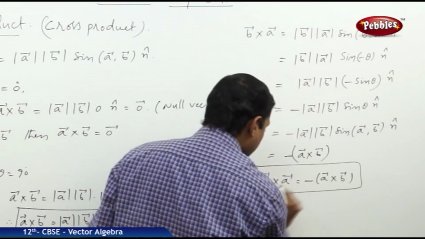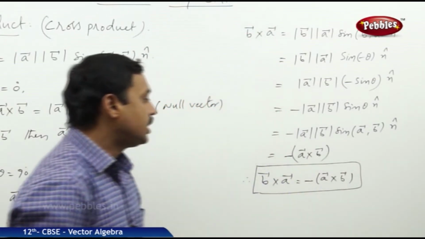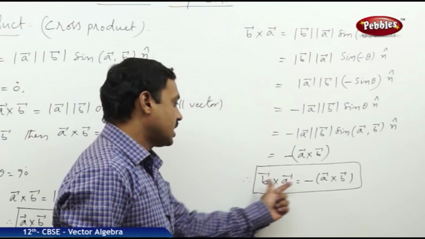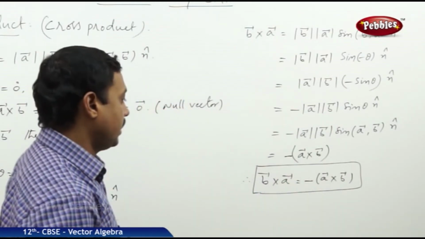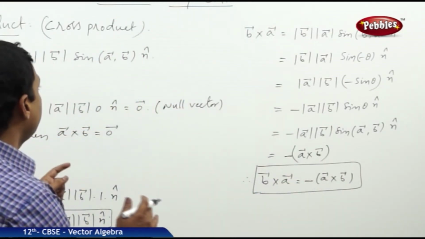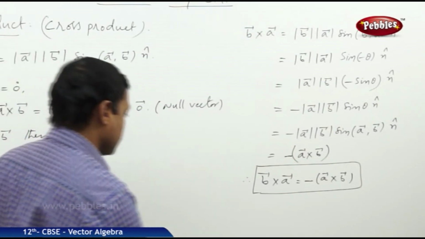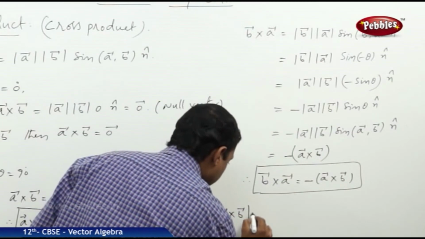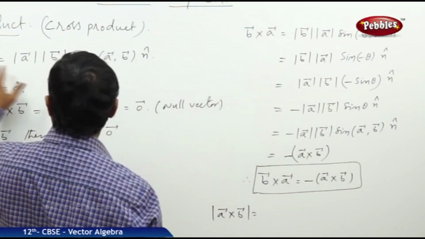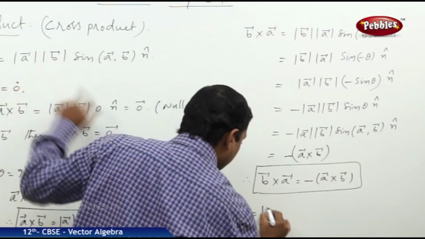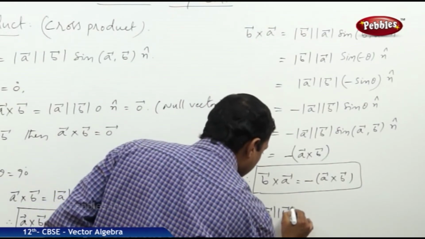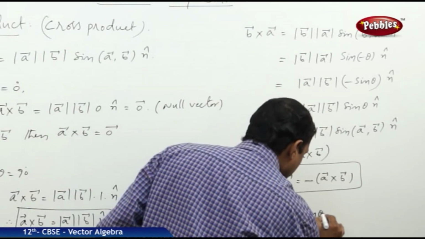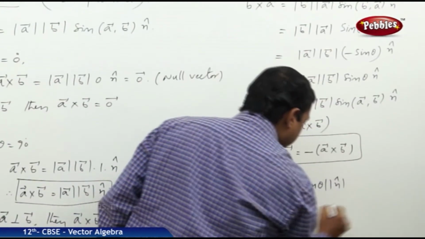So, A cross B and B cross A are not commutative, because B cross A is equal to minus of A cross B. Now, let us consider the magnitudes of these two vectors. What is the magnitude of A cross B? Modulus of A cross B is equal to mod A mod B modulus of sin theta into modulus of n cap.